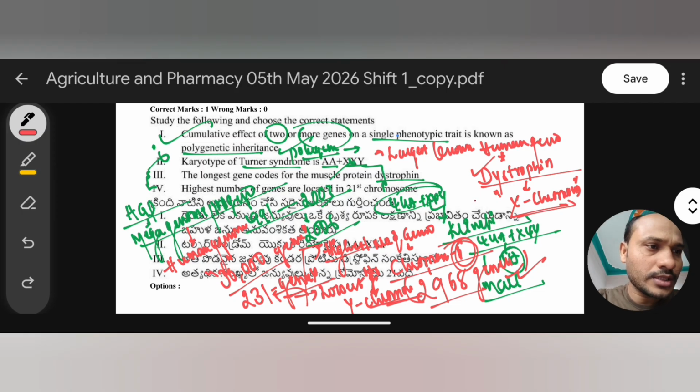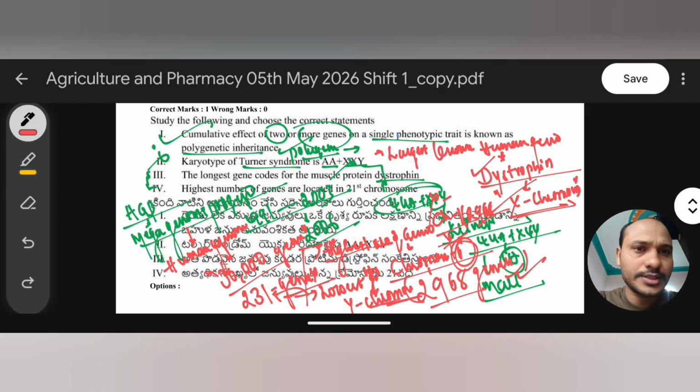But remember, the highest number of genes is present on chromosome number 1, the lowest number of genes is present on chromosome Y, but the largest gene is present on the X chromosome. Don't confuse. The X chromosome contains the largest gene, dystrophin. Chromosome number 1 contains the highest number of genes, 2968. The chromosome containing the lowest number of genes is the Y chromosome.